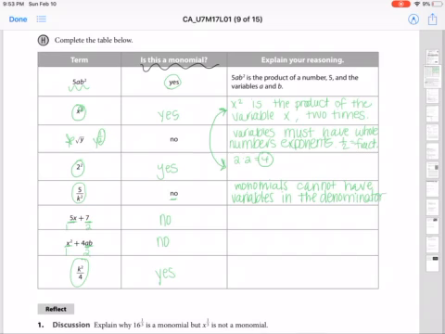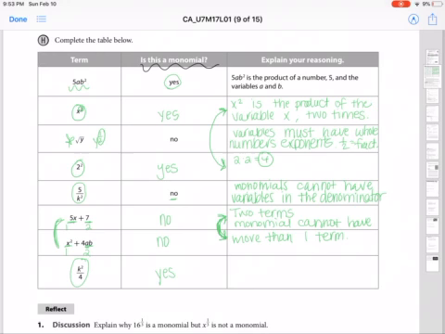Okay. And then 5x plus 7, we know that there's 2 terms. Okay. And a monomial cannot have more than 1 term. I went into this next box because both of these are actually going to be the same answer, right? Because we see that there's 2 terms in both of these.